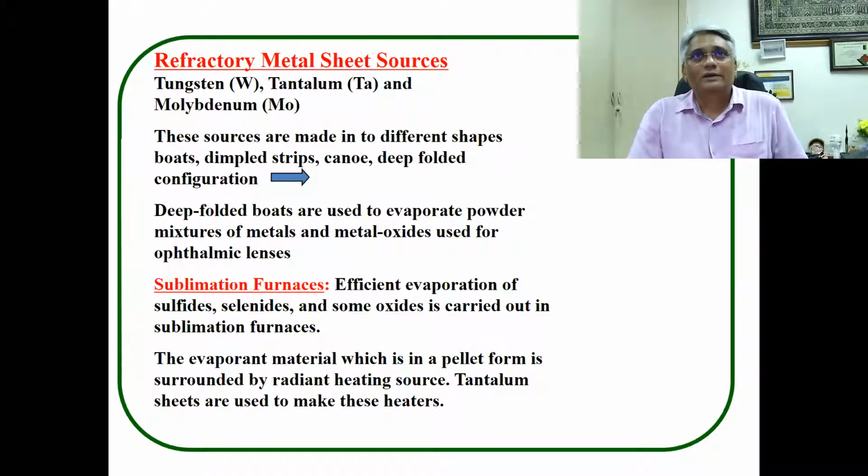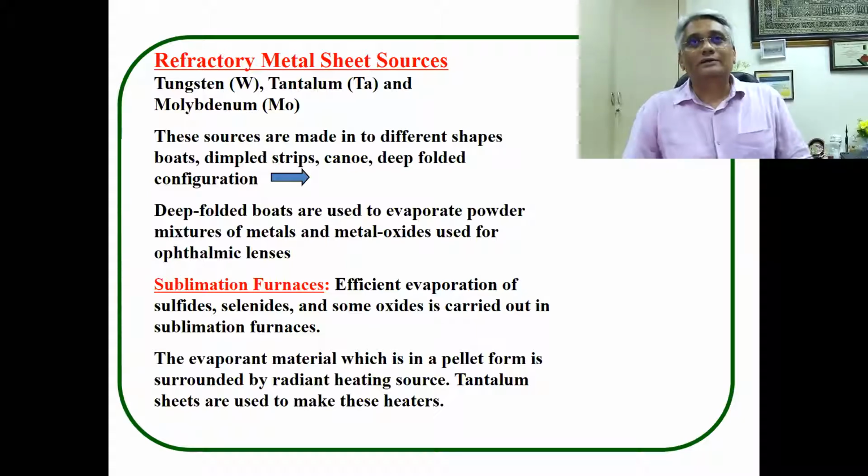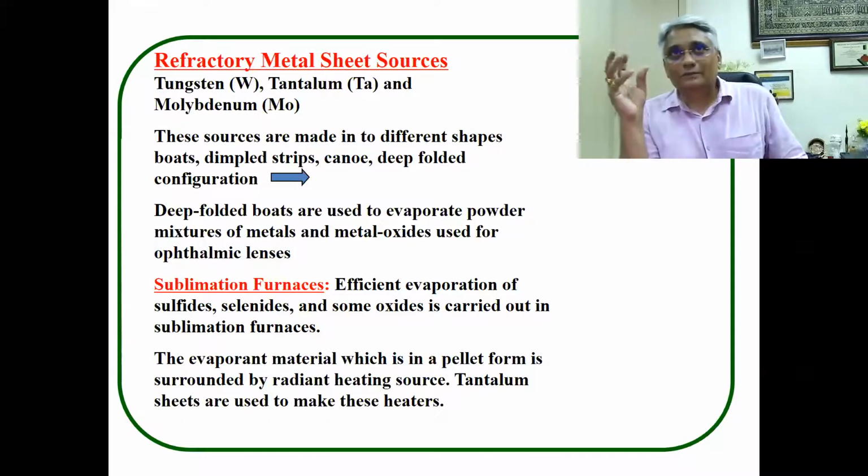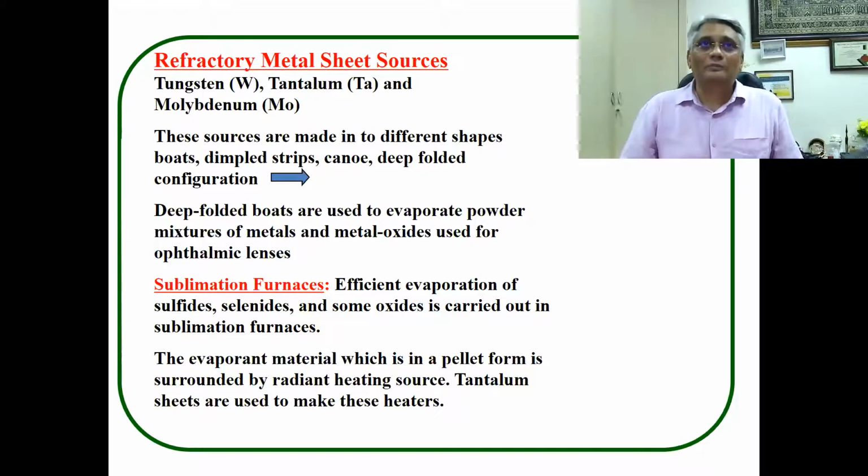So tungsten, tantalum and molybdenum are the normal refractory sheet sources, because these elements have very high melting points. So you can easily heat the charges to high temperatures for melting to happen, and there will also be less reaction between these sources, tungsten, tantalum, and molybdenum, because they have very high melting points.